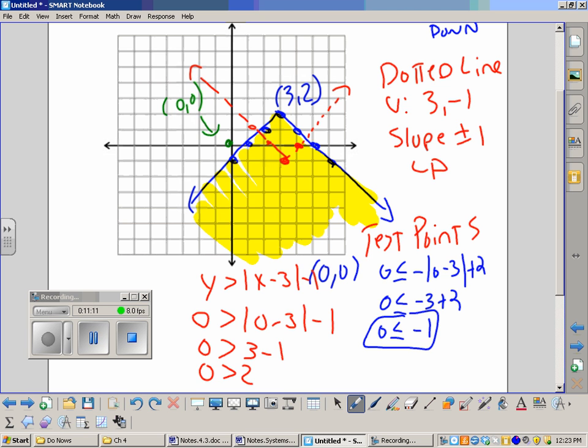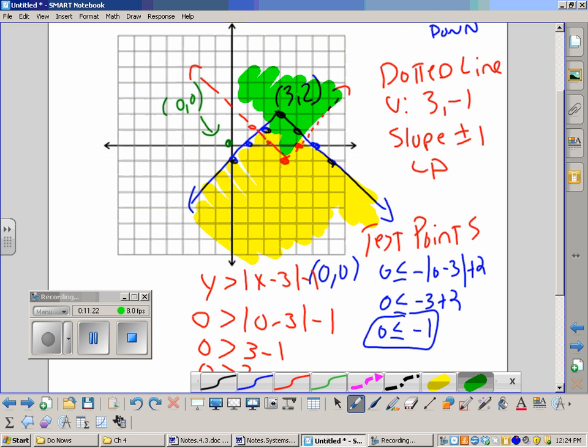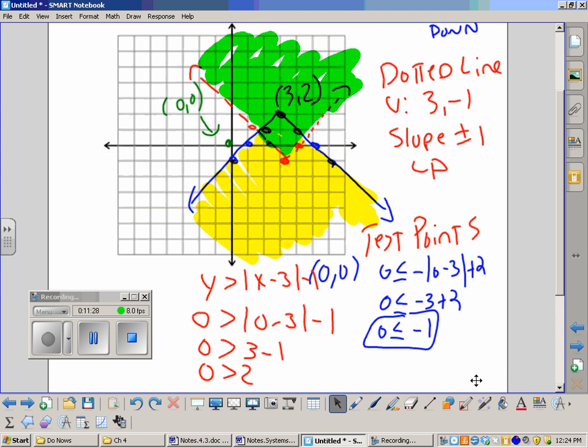Definitely not true. So I'm not going to shade the region that includes 0, 0. So I am going to shade everything above the red line, and the intersection of the red line and the blue line is going to be the diamond. So we'll put it in the intersection. The solution is going to be that sort of diamond shape.